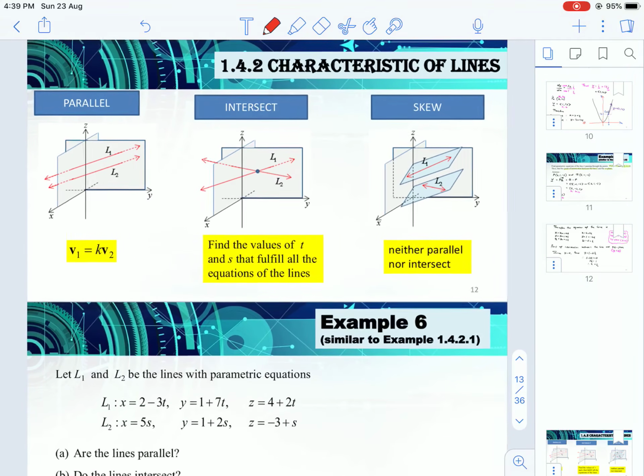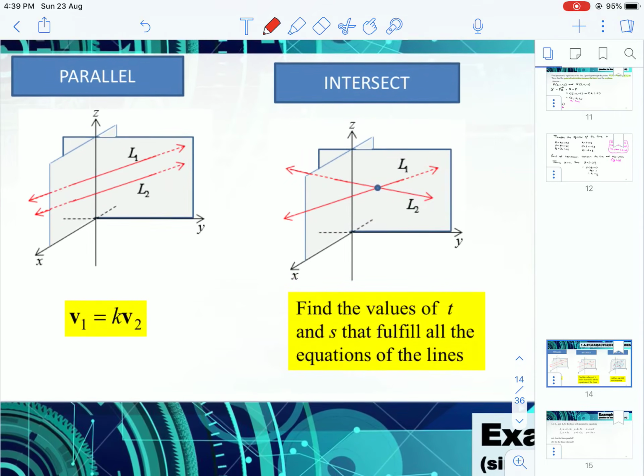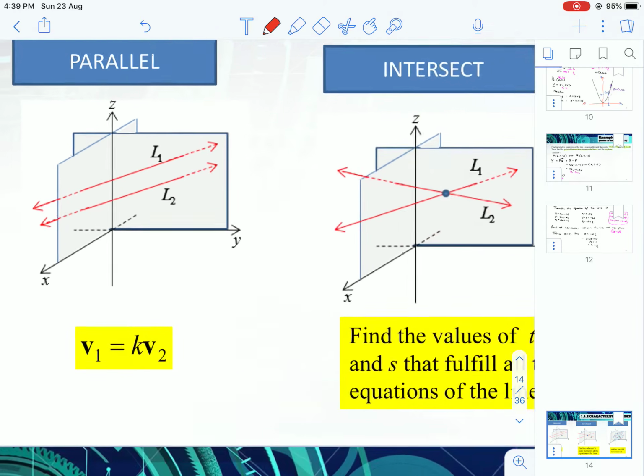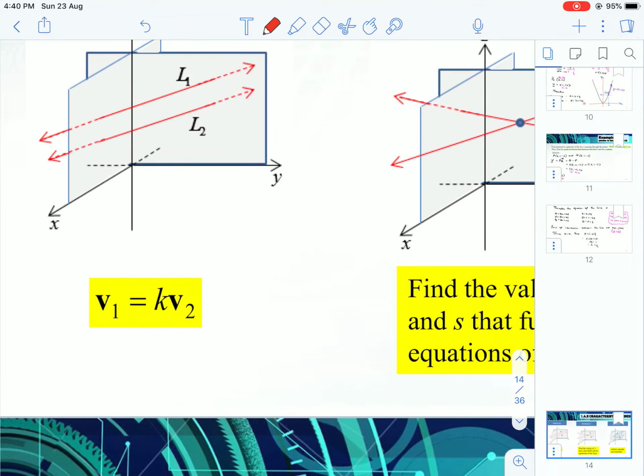Okay, next, characteristics of lines. If we have more than one line, let's say we have lines L1 and L2. L1 and L2 can be parallel if we have this formation. How do we test whether the two lines are parallel? We have the formula V1 equals K V2.